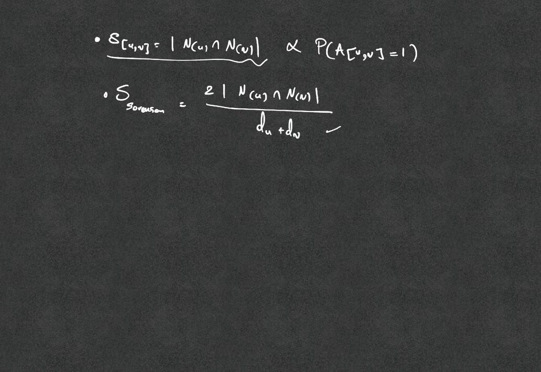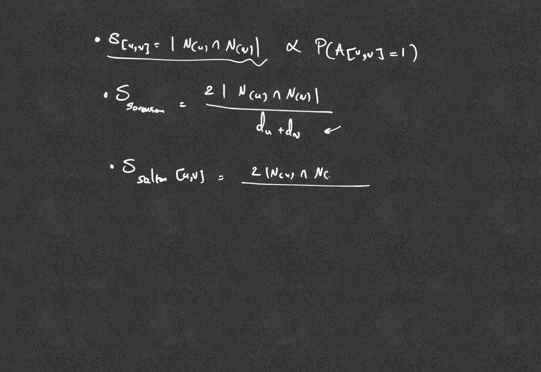So this serves as a way of normalizing this measure. The other one was the Salton measure, or Salton index, which is similar to Sorensen in the sense that there is a normalization factor. We have the same numerator, and on the bottom we have the square root of du times dv.